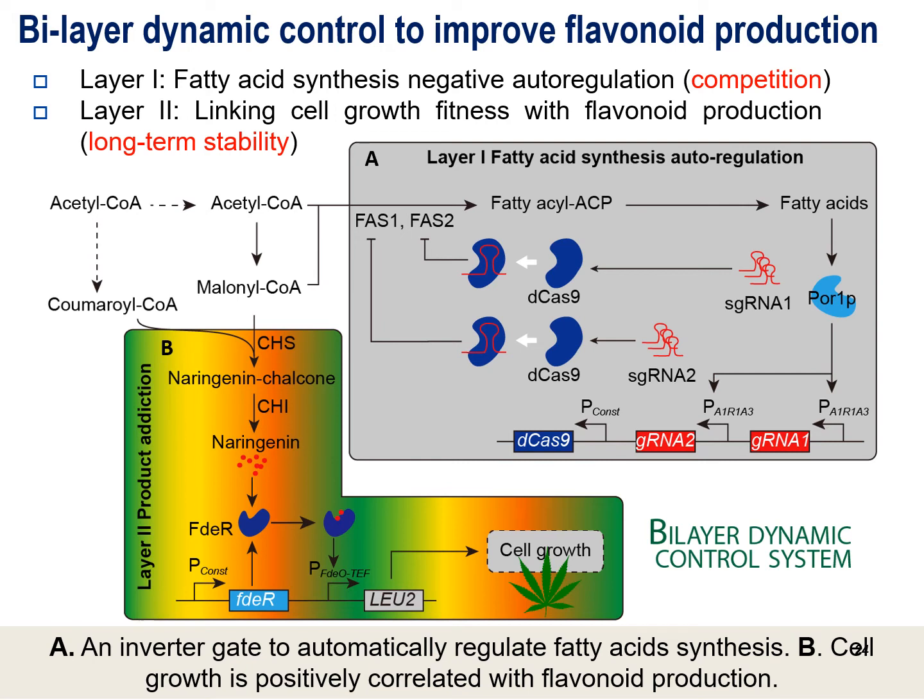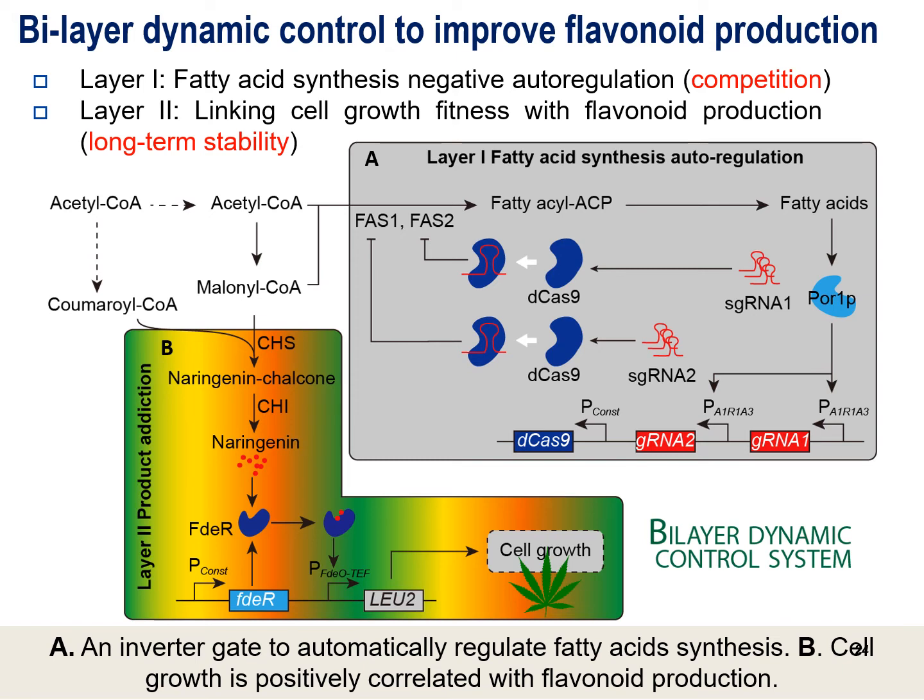In the second layer, we build another positive feedback control system. We found there is another sensor called FDR. It can be activated by our final product, the flavonoid naringenin. The presence of a high concentration of naringenin will activate the FDR.